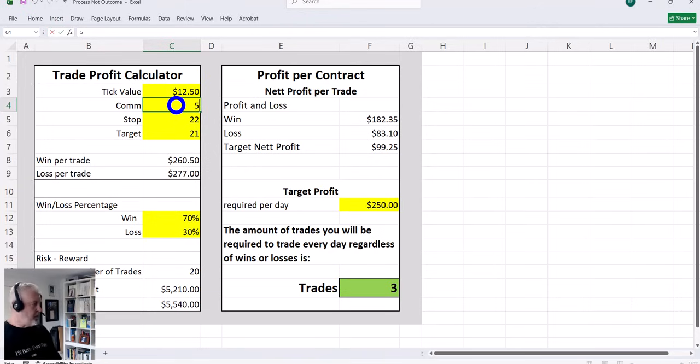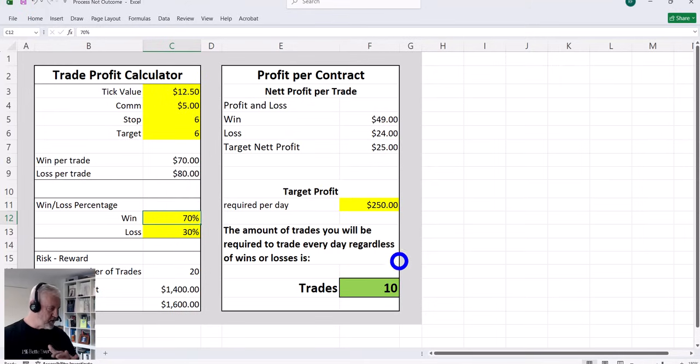If our commission is say $5, and let's just say I'm running on the 1 tick, so on the 1 tick I've only got a 6 tick stop and I'm after a 6 tick target. I'm looking to net 250 a day. I've got a 75/30 win-loss ratio. I need to execute, for losses and wins, 10 trades a day.